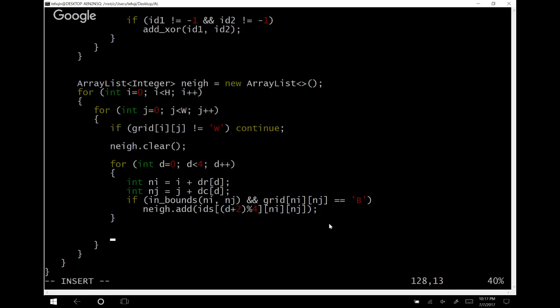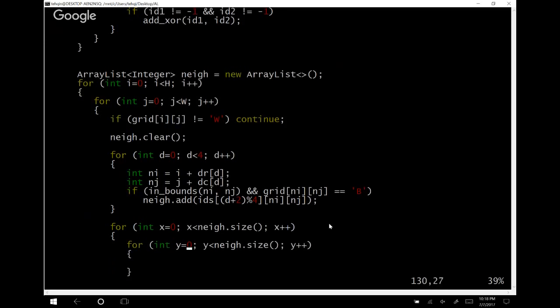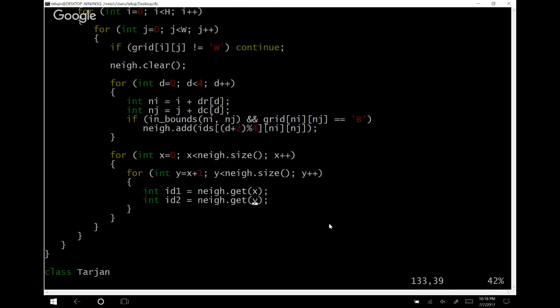Now I have to hook up every single pair and then force them to not conflict with each other. And so those are my two IDs.